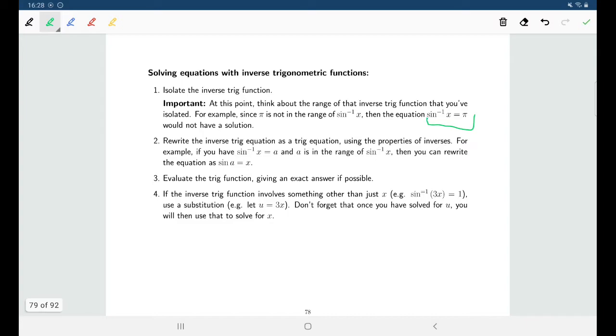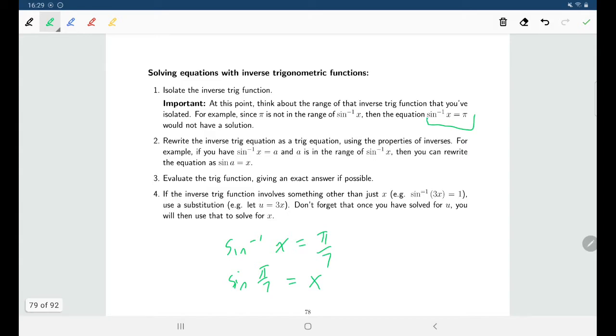So here, if it's an inverse trig equation, we'll rewrite it using trig functions. So for example, if you had sine inverse of x being pi over 7, then you could rewrite it as the trig equation, sine of pi over 7 is equal to x.